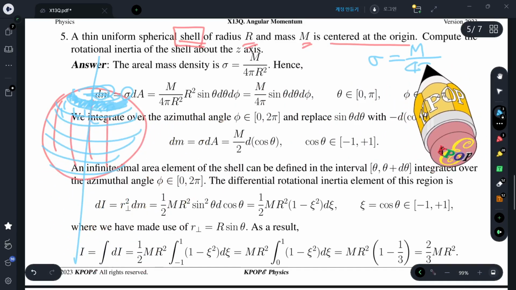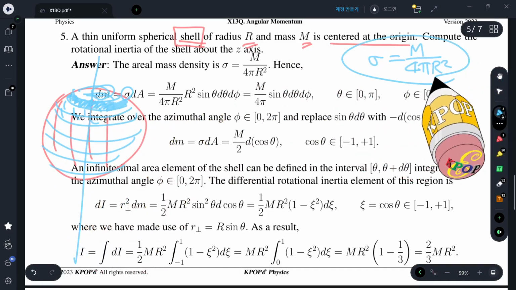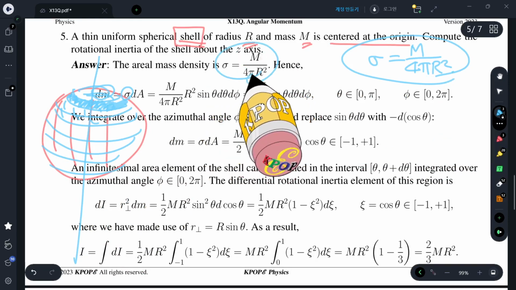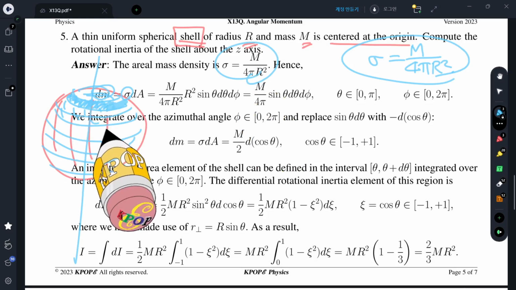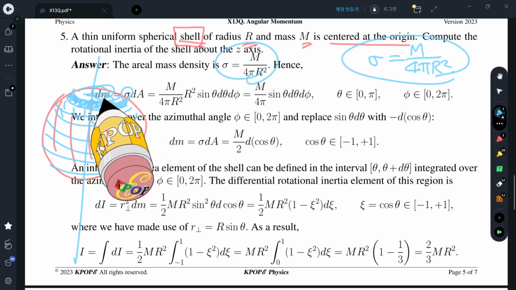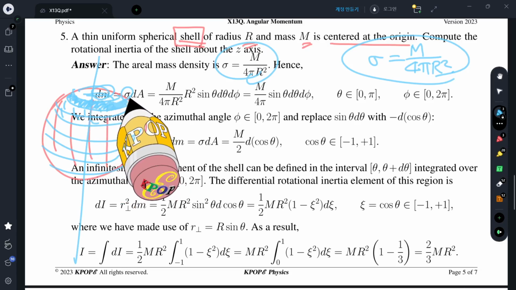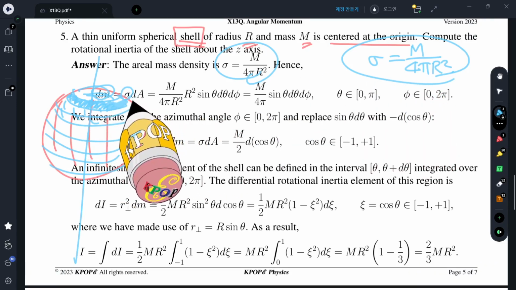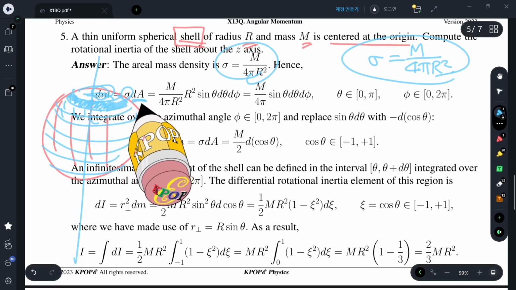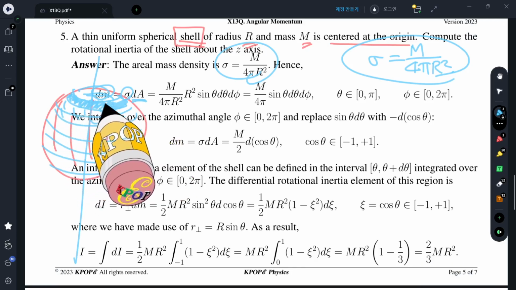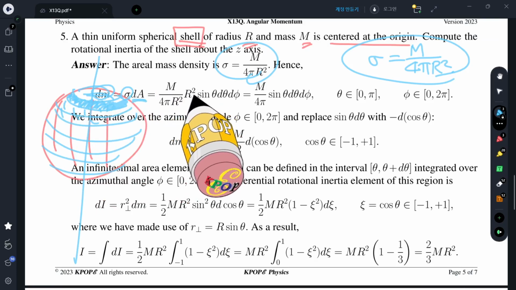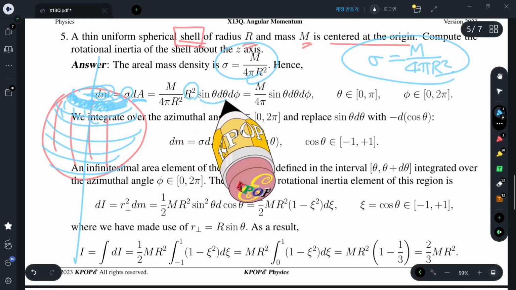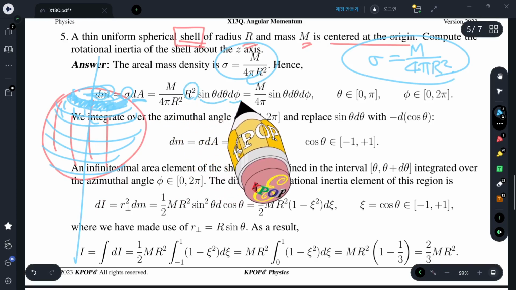This is a uniform sphere. Mass is the surface mass density multiplied by area. The sphere is parameterized by r squared sine theta d theta d phi.